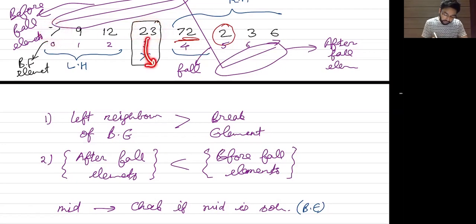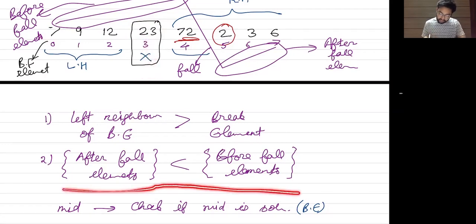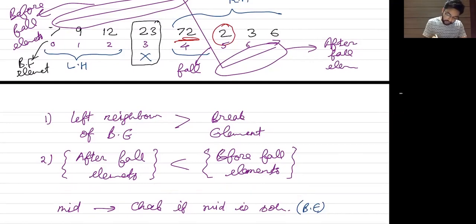Because if 23 was an after fall element, then all the after fall elements are lesser than before fall elements. In this case, 23 is greater than 7, which means the fall hasn't happened yet, which means the fall will happen in the right half.